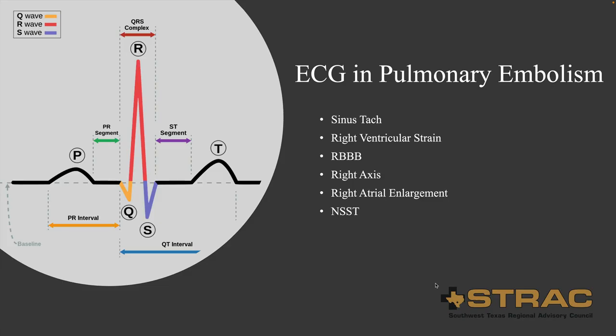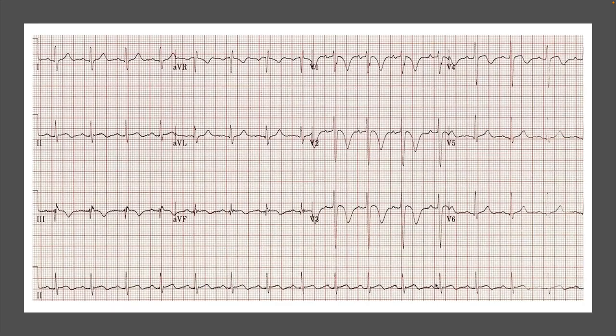And then, of course, if you have non-specific ST segment changes, that's always a concerning finding because there's obviously some dysfunction. Speaking of right ventricular strain pattern, this is an EKG that's kind of classic for that. What you see here is across the precordium in V1, V2, V3, you see these big inverted T waves, and that's a sign that the right ventricle is working really hard.